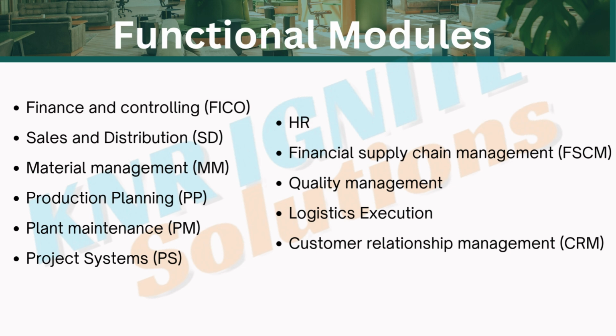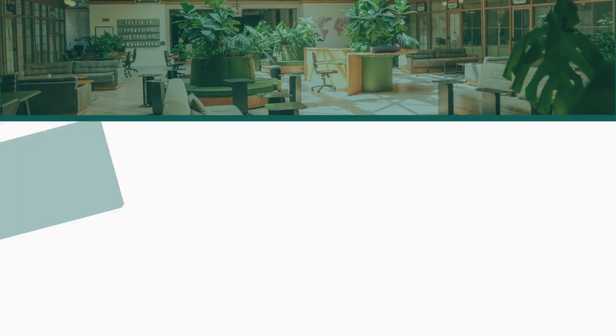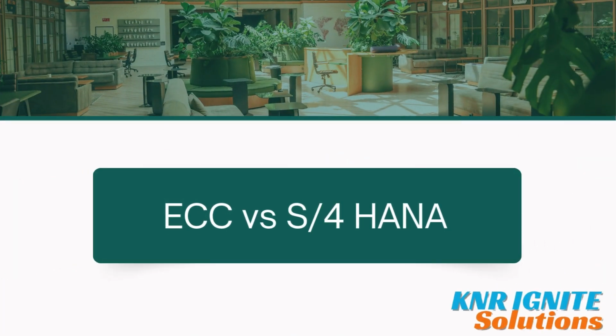These are the various functional modules that are available within SAP. And there are technical modules also, like ABAP and BASIS, which will support all the functional modules for us to make any changes wherever required. As part of this course, we are going to learn both S4 HANA and ECC, both the versions, which will help you to work easily in any sort of projects that you are going to join.